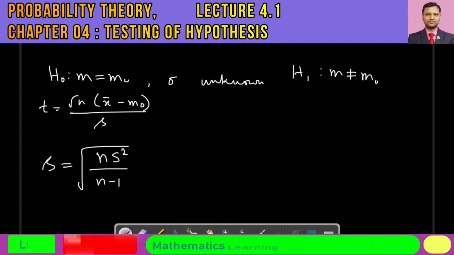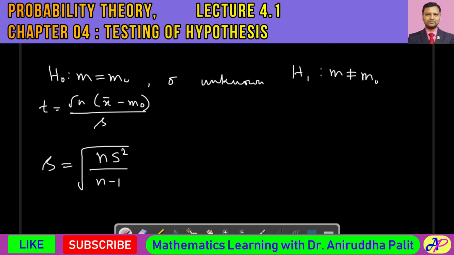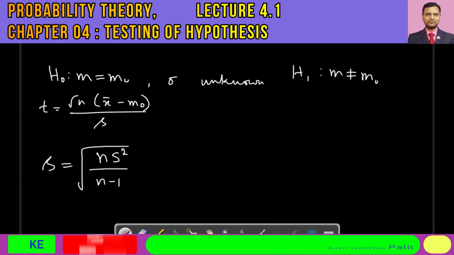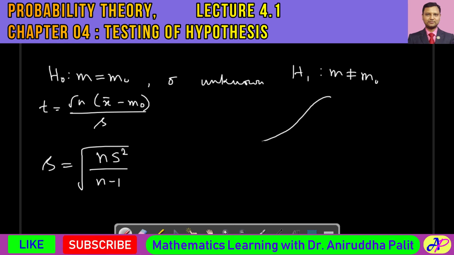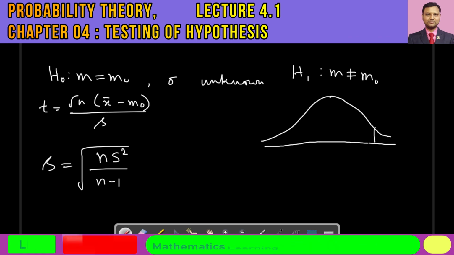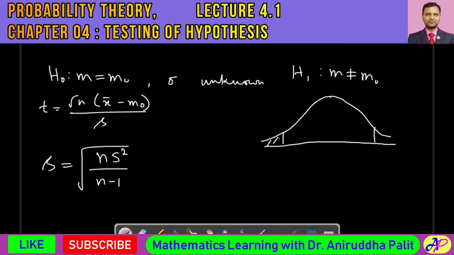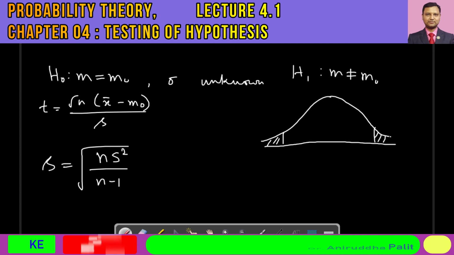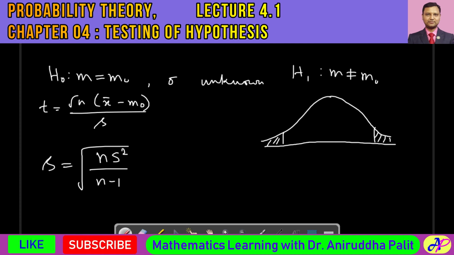Now, if H1, m not equal to m0, is the alternative hypothesis, then we shall have to perform a both-sided test, like this. So, both-sided test, and this is the critical region. This is the critical region. The mean, this middlemost value, was equal to 0.